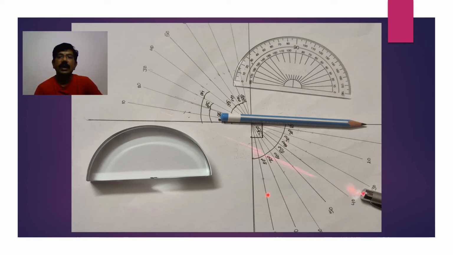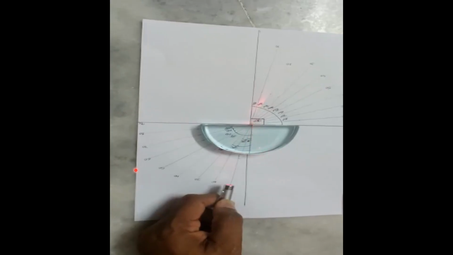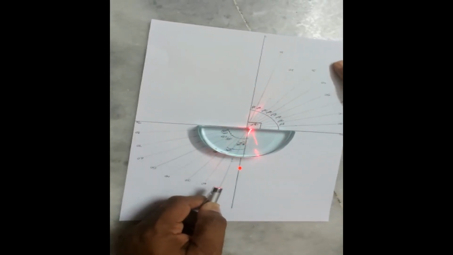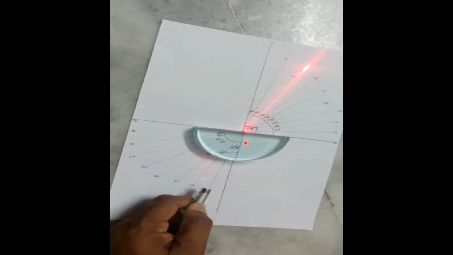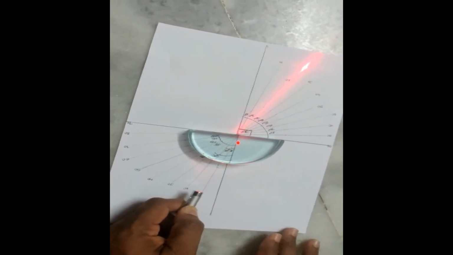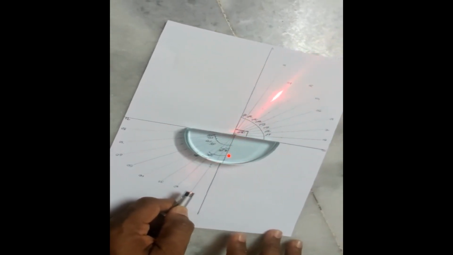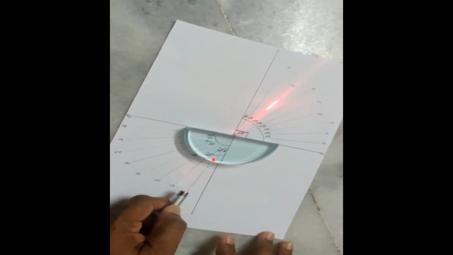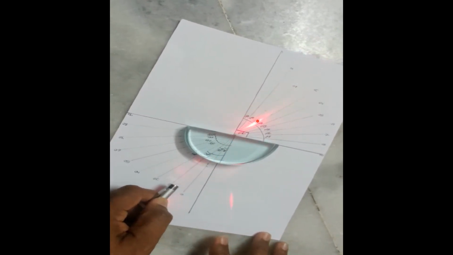Okay, now let us do an activity. Keep the semicircular glass slab in the middle of the drawing paper, and for different angles of the incident, observe the angles of refraction.